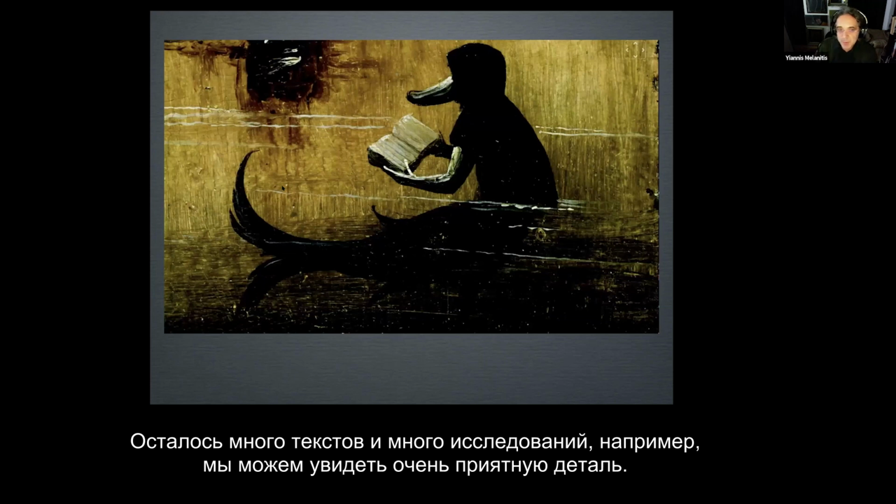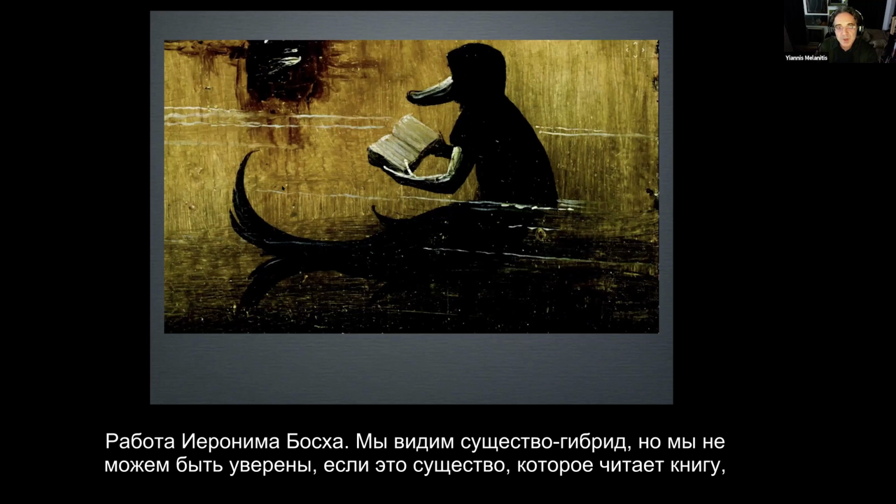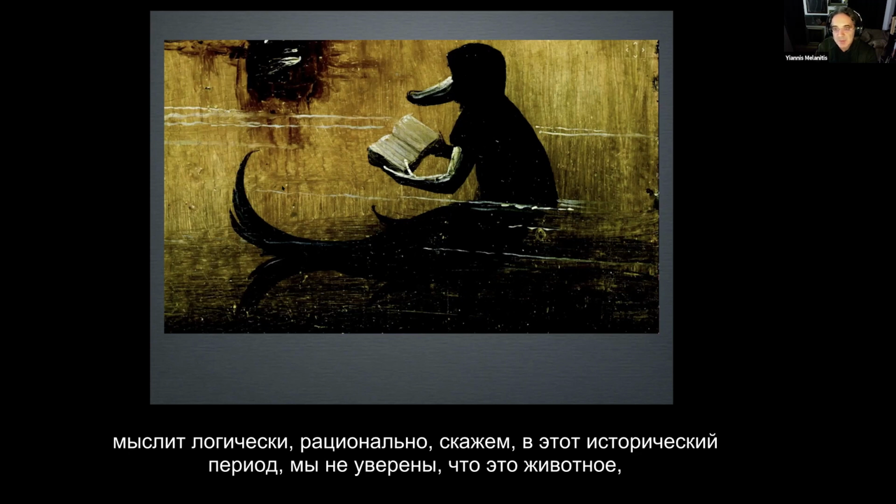Here, for example, we can see a very nice detail of Hieronymus Bosch's work, where we have this hybridic creature, but we cannot be sure if this creature that is reading a book, which comes to logic, comes to rationalism, let's say, at this historic period.